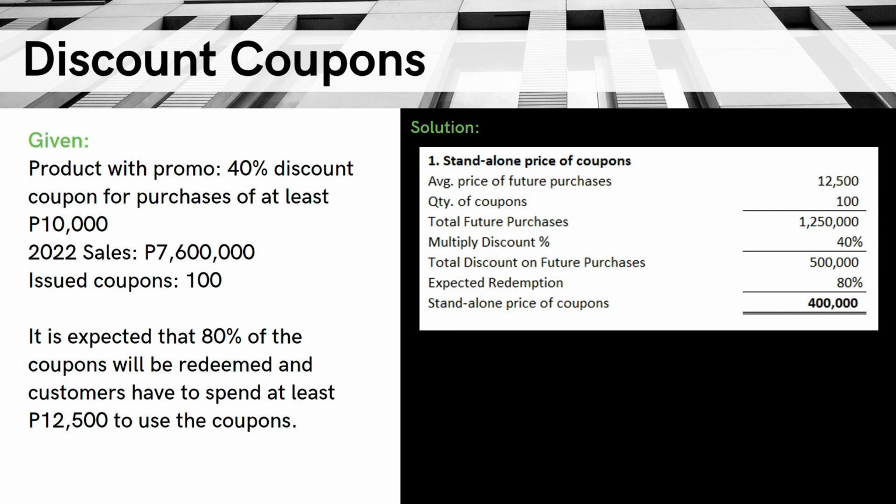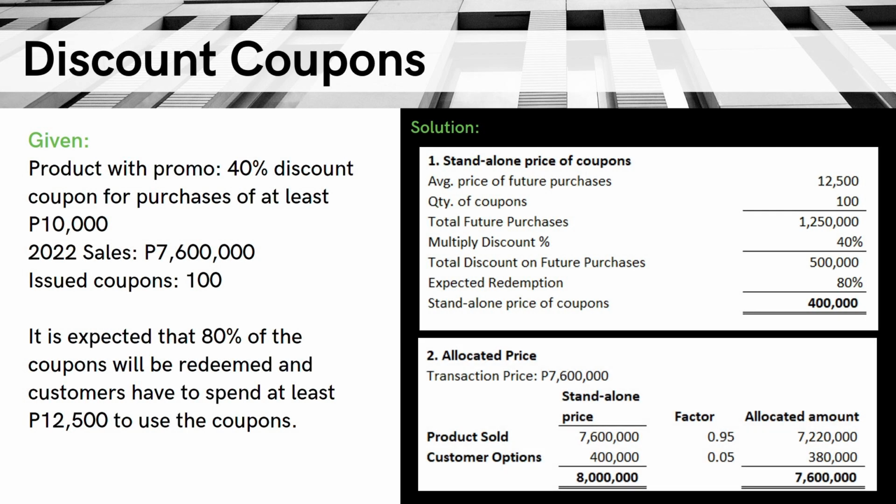Okay, this is the standalone price. Again, we will compute the allocated price. Okay. So, the transaction price, that is your total sales. So, you put it here in the product sold. Product sold, 7,600,000. Customer option, this is the expected, okay? The expected that we solved earlier in step 1. That is a total of 400,000.